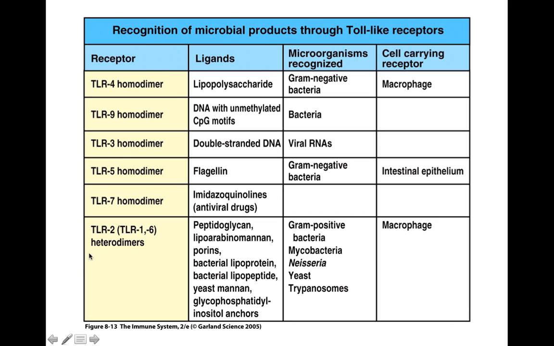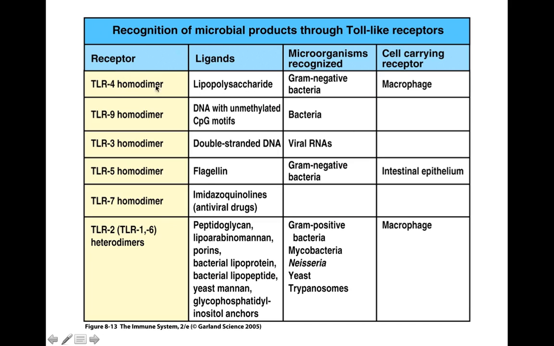But you see here there's a variety of these that are involved. In this case, the receptors are all homodimers, and they bind to peptidoglycans, and you can see they have a variety of different things that they will bind to. TLR3 can actually bind DNA and RNA.